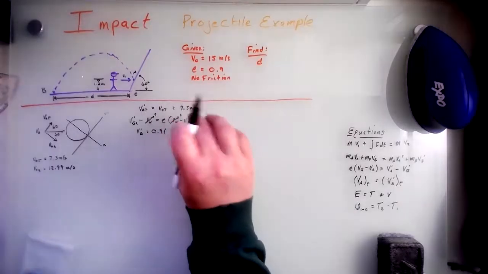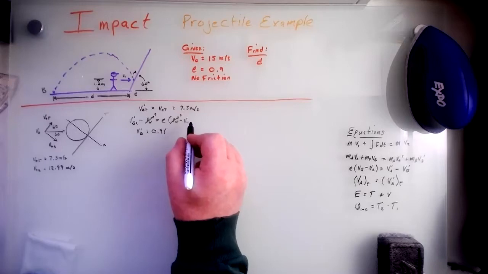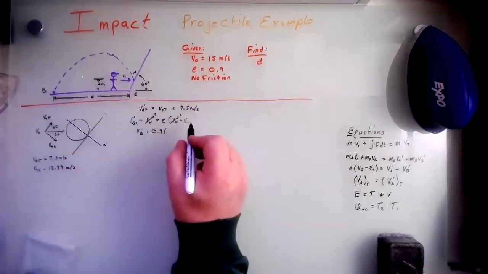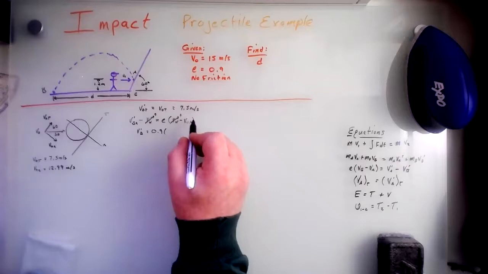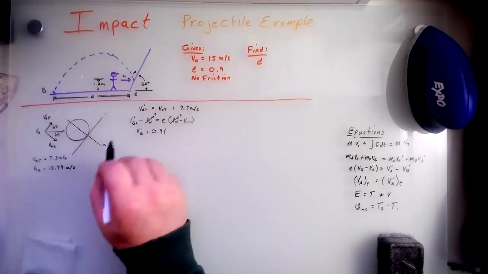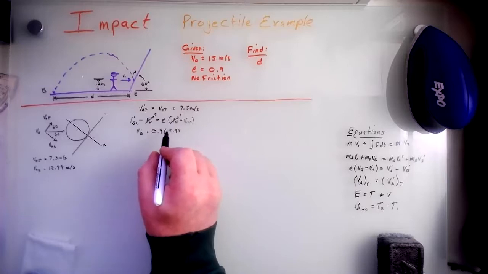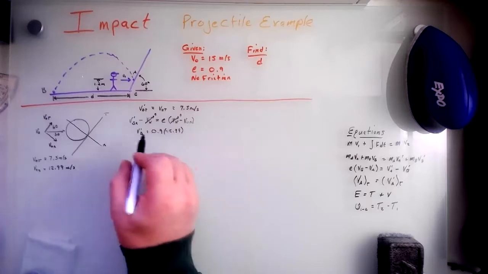I just said that that's not prime. I'm sorry, guys. That is V naught n, because these are specific. So this is V n, and that is 12.99. We need the negative of that.